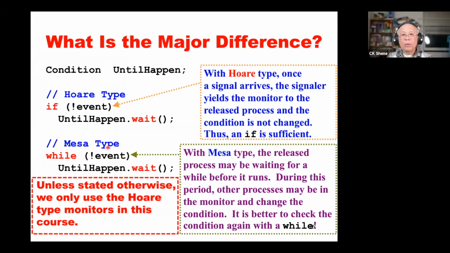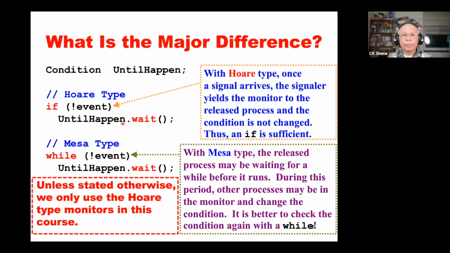The major difference is here: the way you wait on a condition variable. Let's say we have a condition variable, which I call until_happen. Under the Hoare type, if the event, say a counter being 0 or something being equal to something else, is not there, we wait on the condition variable, so we call until_happen.wait.